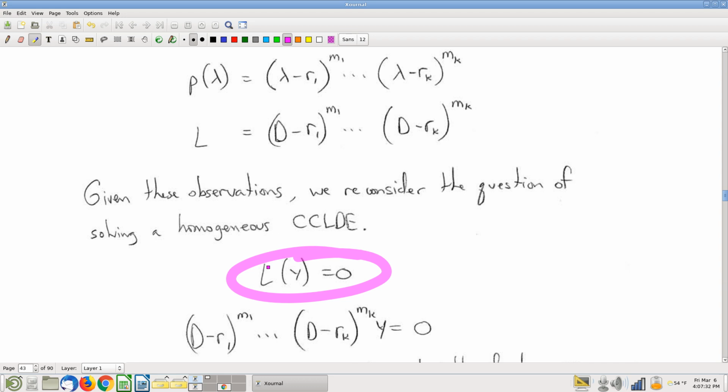Let's try exponentials. We pulled that out of thin air with no motivation, and I plugged in exponentials, e to the lambda x, and then you do a little calculation and you realize, oh my God, if lambda is a root of the characteristic polynomial, this works. So, dumb luck, we guessed, and it happened to be that we guessed right. Okay, so that's what happened way long ago.